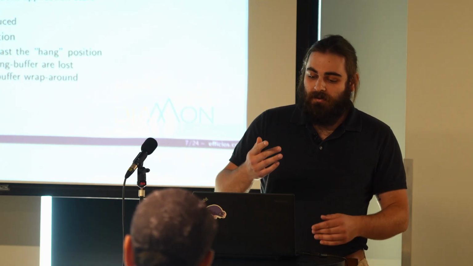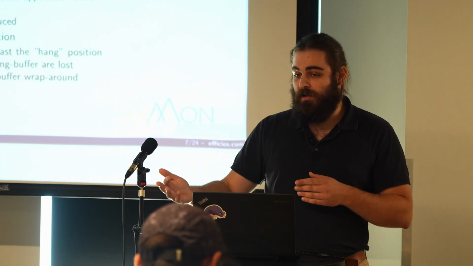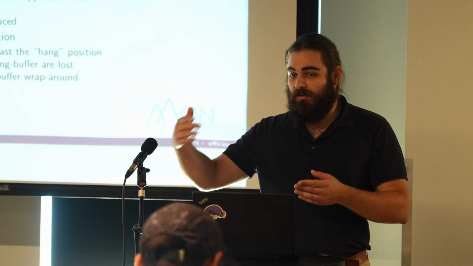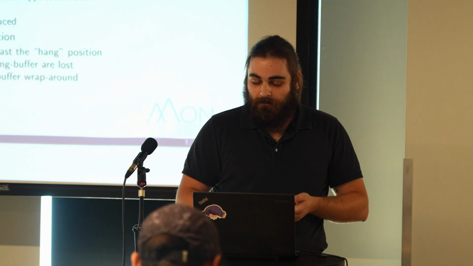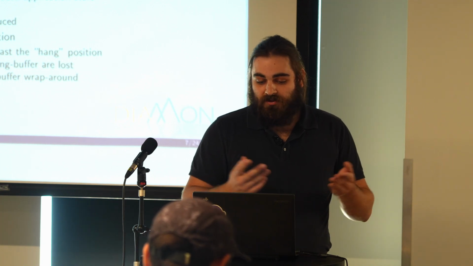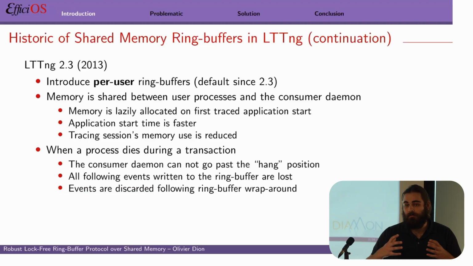The application start is now faster because the first application that is getting traced will do the pre-allocation, and for the second one, the allocation is already there, so the application starts much faster that way. And of course, the tracing session memory use is reduced because now you compact everything under the user session instead of per process.